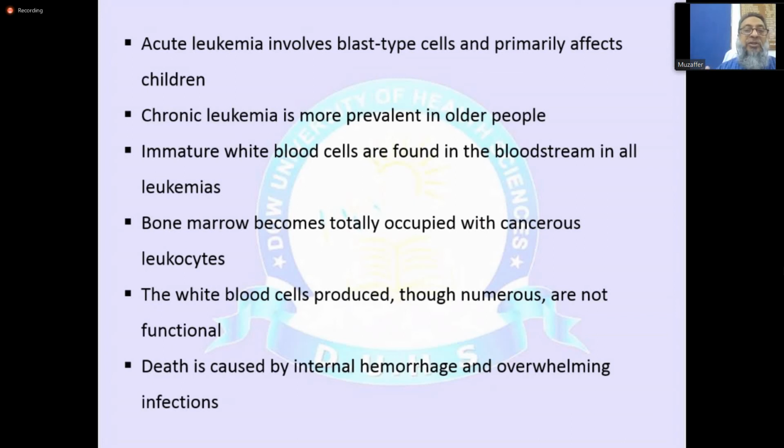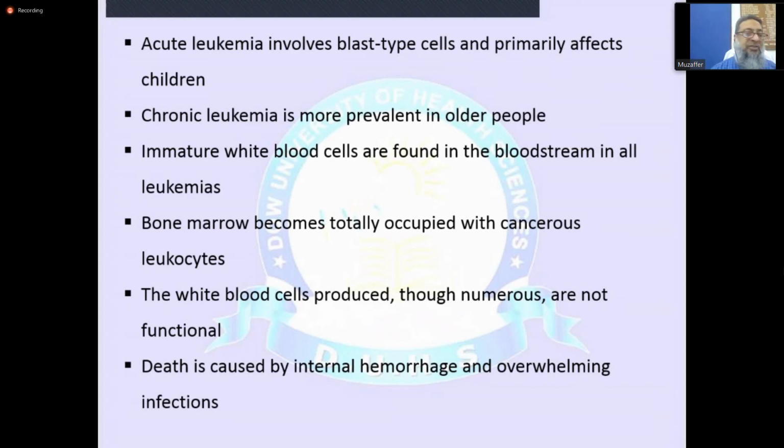That may be due to infection, due to invading microorganisms, as we have already discussed, and they fight against the invading microorganisms. But the leukemic cells are unable to fight against the invading microorganisms because of their incapability.